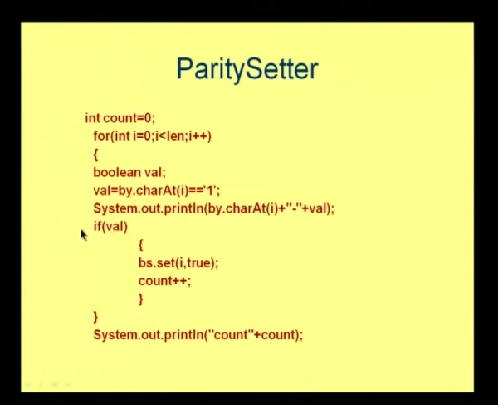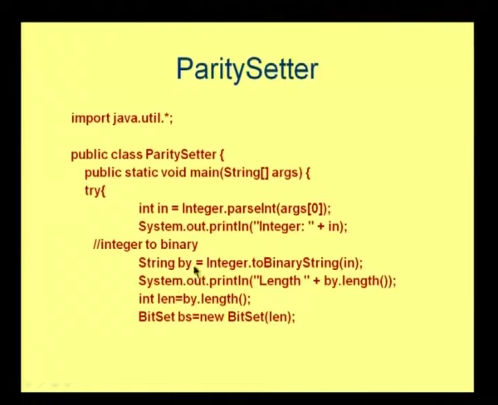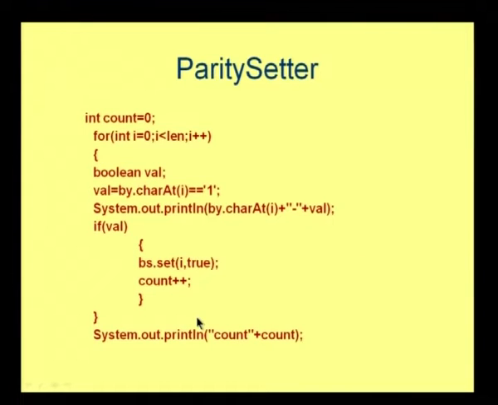I am taking this string and setting it to the BitSet. The integer is converted into a string, I create a new BitSet, and I set the bit value based on the value at the particular position in this string. If it is 1, I assign true, otherwise false. I need not set it because by default it will be false.